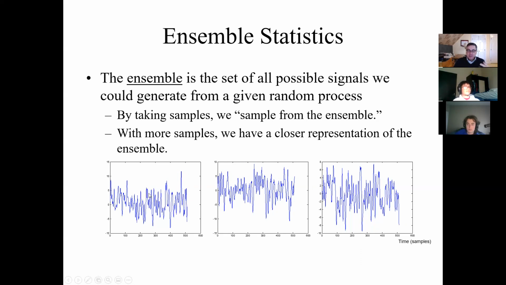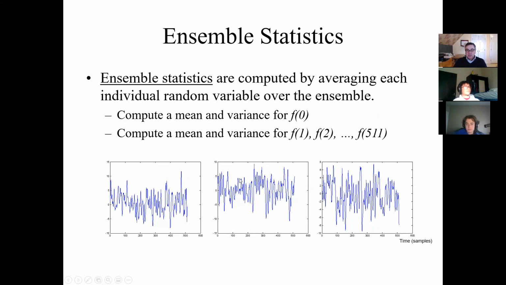And the same idea applies: the more of these that we take, the better idea we get of the true behavior of this thing. But the question is, how do we estimate its properties? Well, what we're going to do essentially is average each of those individual random variables over the ensemble.